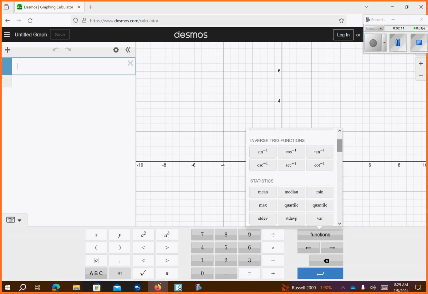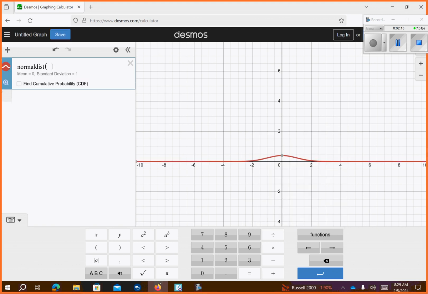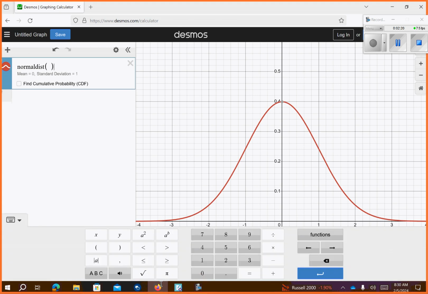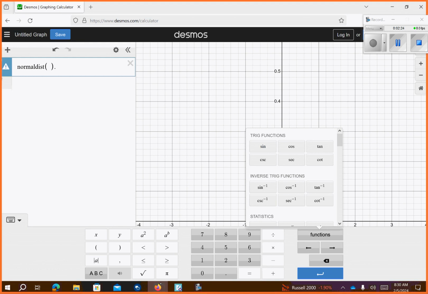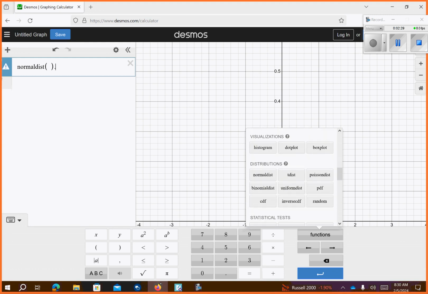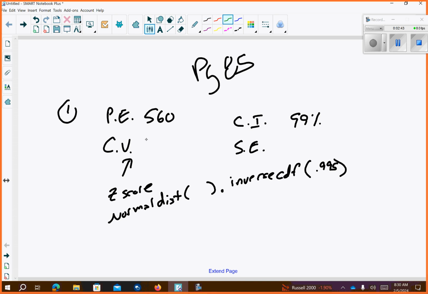Functions, normal dist. Okay, so there's a normal distribution. Then we're going to go period, and then our inverse CDF, and we're going to go 0.995. So 2.57 will be our critical value, 2.58. That's pretty simple. So that's 2.58.